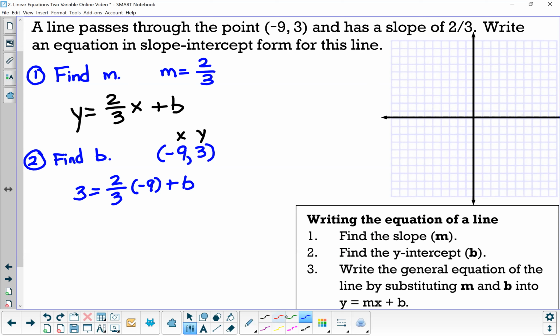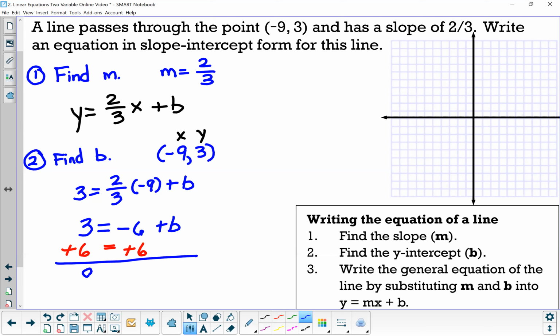I know that negative 9 divided by 3 gives me negative 3, and then negative 3 times 2 gives me negative 6. So I have 3 is equal to negative 6 plus b. Continue to solve for b by adding 6 to each side.